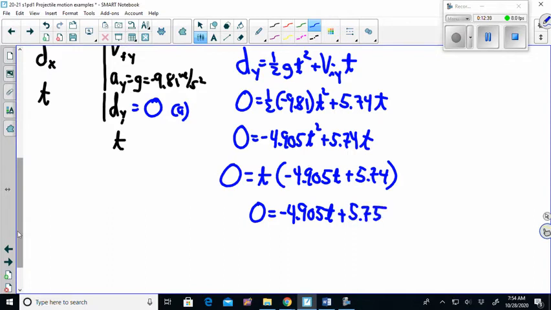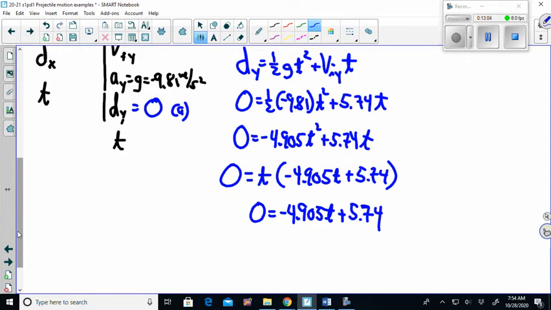Subtract the 5.74, and divide it by the 4.905. 5.74 divided by 4.905.